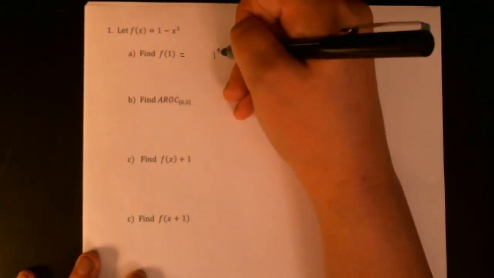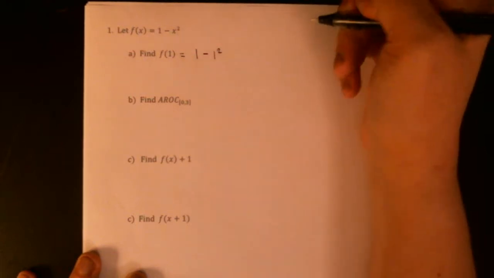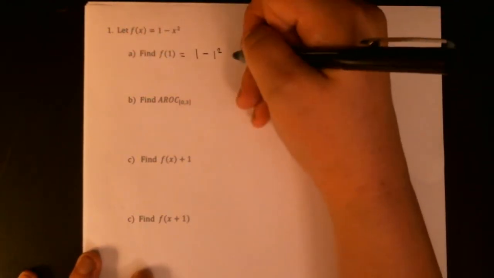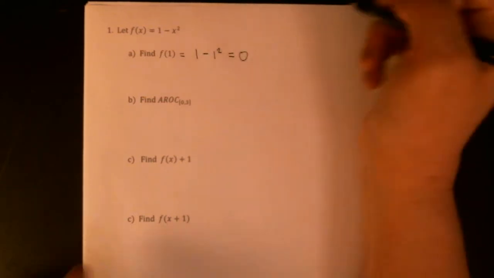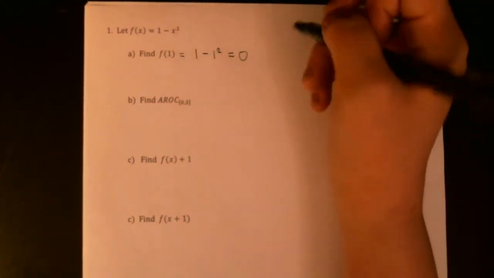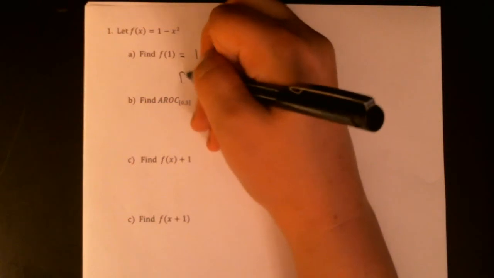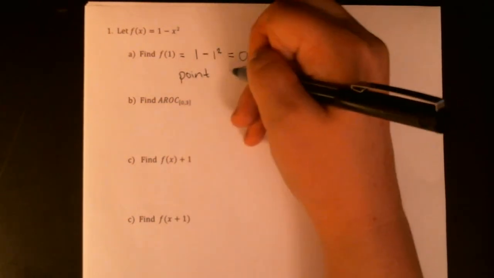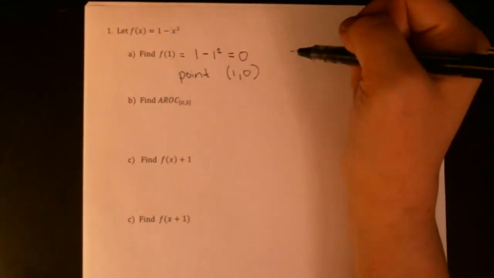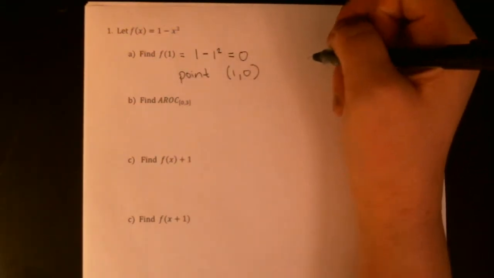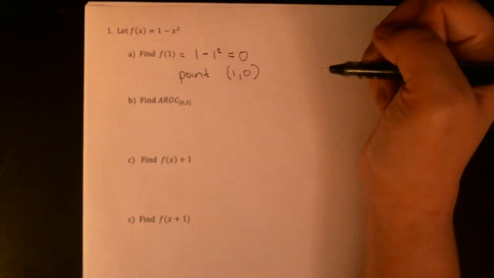I'm going to take the 1, I'm going to square it, and I'm going to subtract it from 1. So just following my order of operations there. 1 squared is still 1, so I'm really just getting 1 minus 1, which is 0. So this tells me that function f passes through the point 1, 0. If I input 1, I output 0. That's my input-output pair. And on a graph, that's an xy pair.